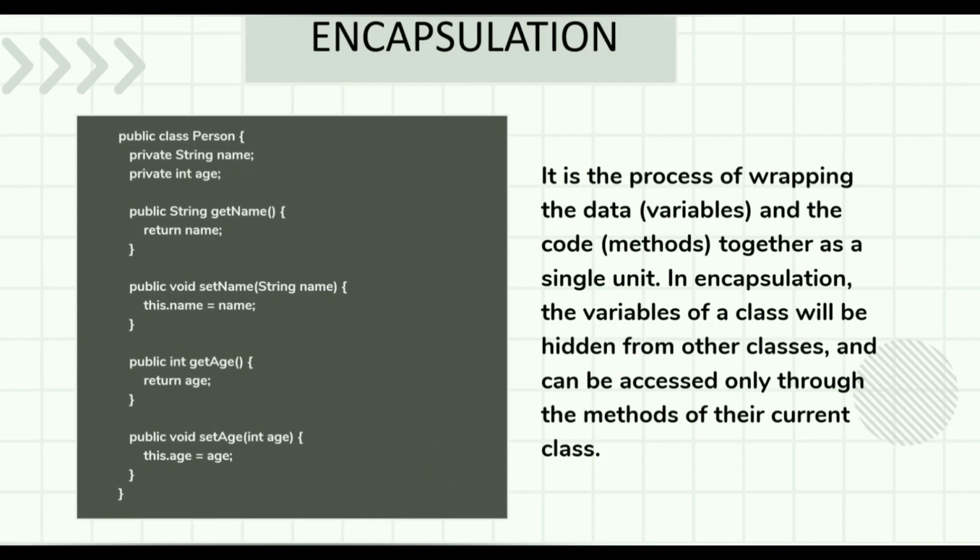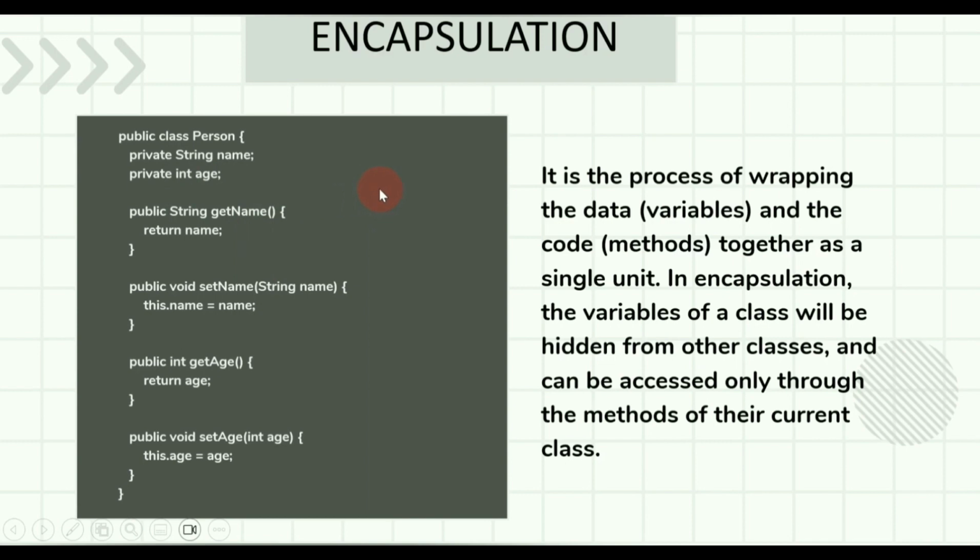So to look at them in depth, here we have a simple Java class called Person that demonstrates encapsulation. So let's break down the whole code step by step to understand how encapsulation works in this example. First, we have two private variables.